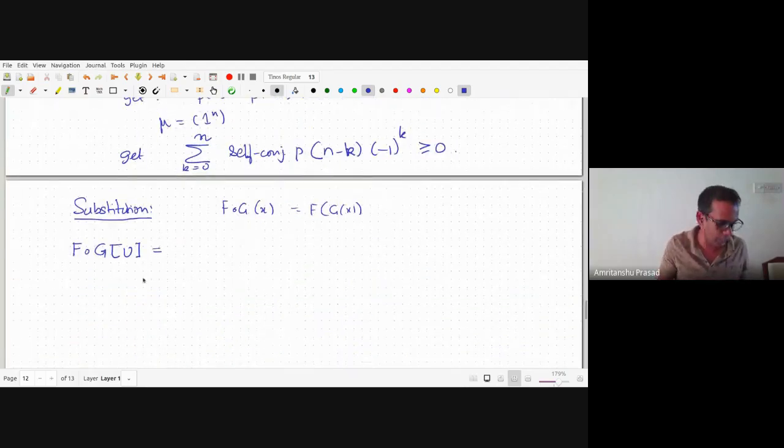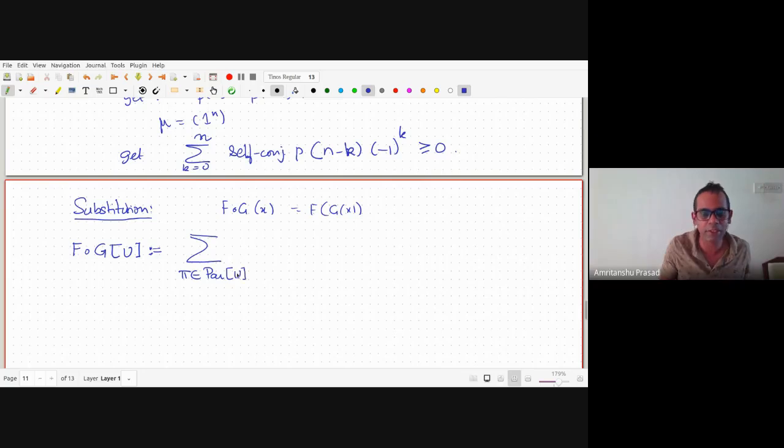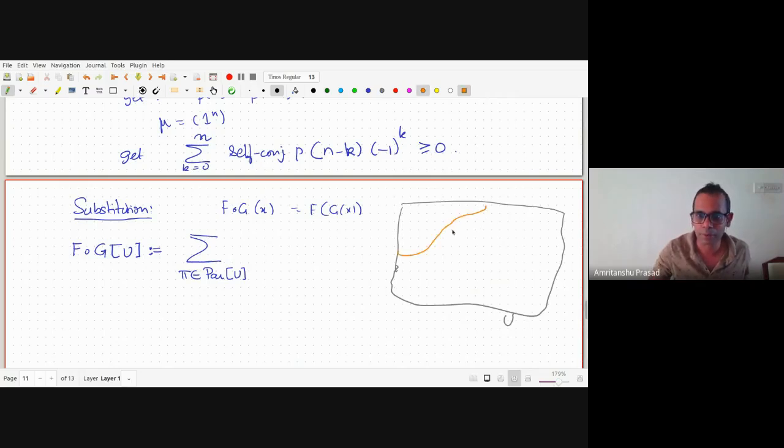So this is defined to be a disjoint union over all partitions of U. So basically I've taken U and I've chopped it up into pieces. Visually you can describe it like this. You have this set U, and then I have chopped it up into pieces.